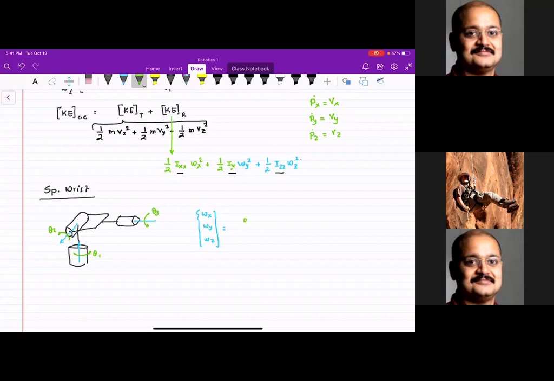So this is going to look like [0 0 1] theta 1 dot plus [0 0 1] theta 2 dot plus [0 0 1] theta 3 dot.